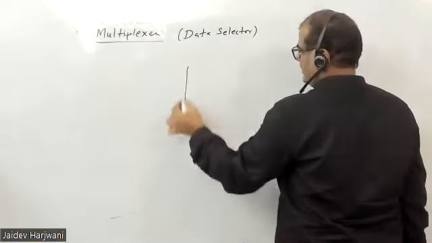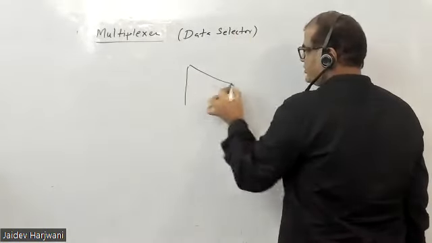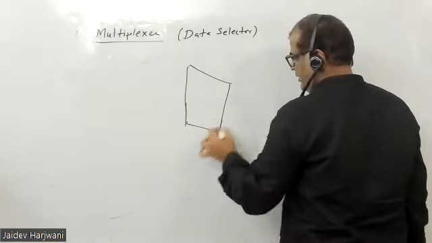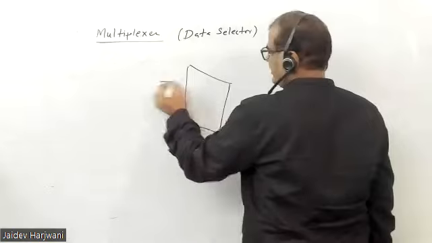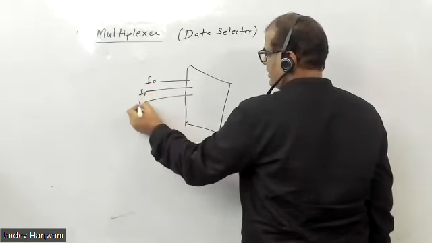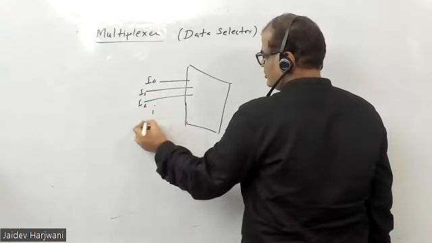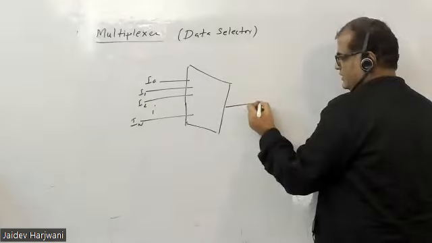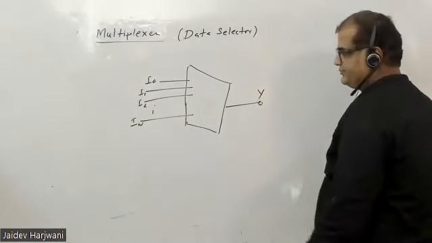It can have many inputs. So you have a multiplexer which can have many inputs, say I0, I1, I2, and so on up to IN, and it has only one output.